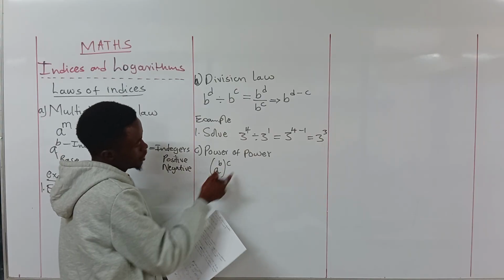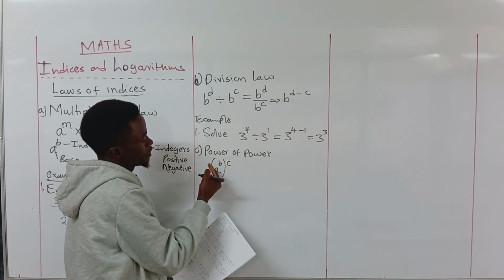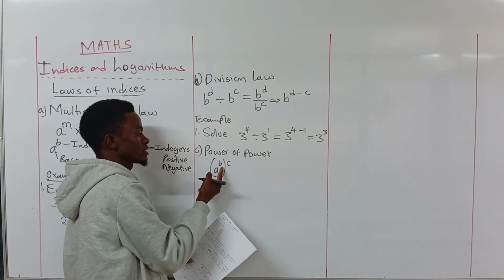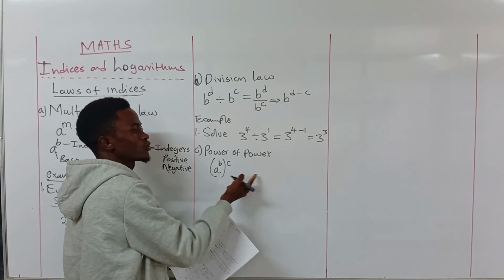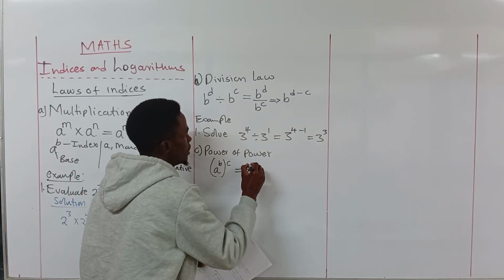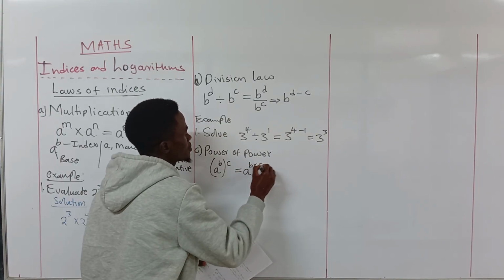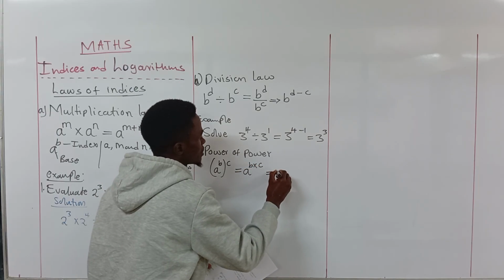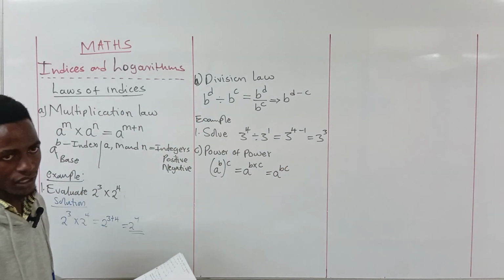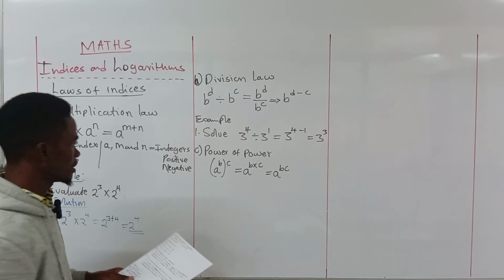So a raised to b in brackets, again raised to c. That is why we have the power of power. A number is already raised to a certain power, but again we raise it to a certain power. So our solution here is going to be a raised to b times c, which is the same as a to the power bc. For that case, we do multiplication.